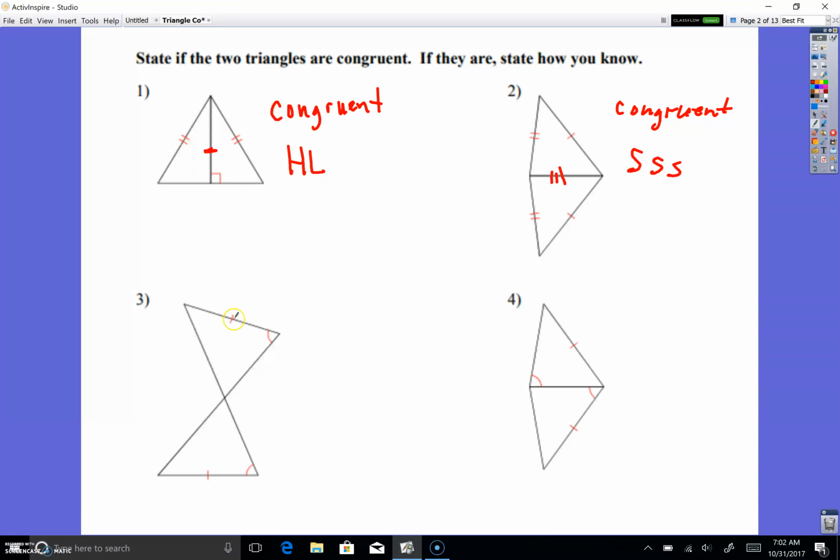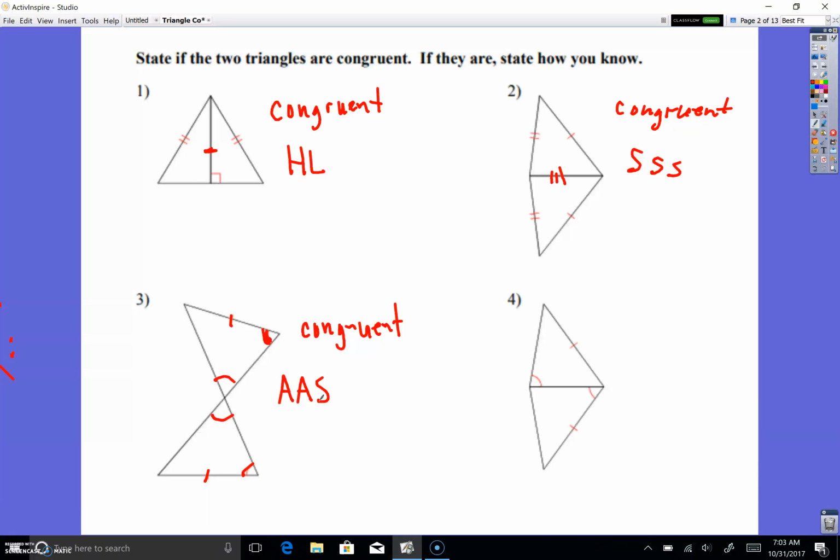Over here, we have the sides, an angle congruent. And we also know that this is congruent because they're vertical angles. So we have angle, angle, side. So that is congruent also. So it's angle, angle, side.